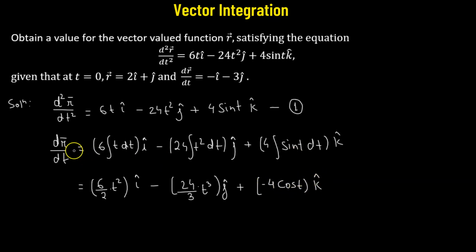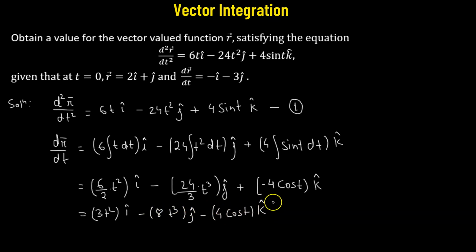So this is our derivative of r with respect to t. Let's simplify this. It becomes 3t squared i cap minus 8t cubed j cap plus negative 4 cosine of t k cap.